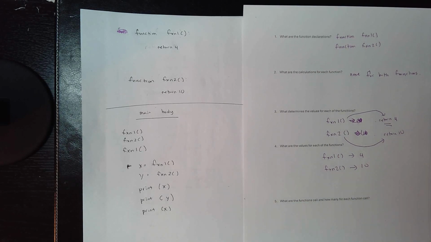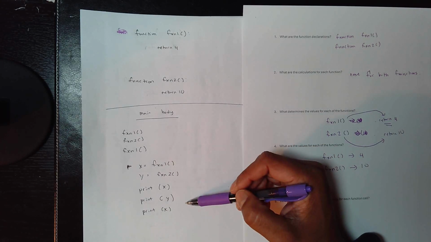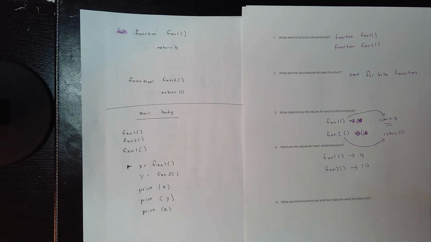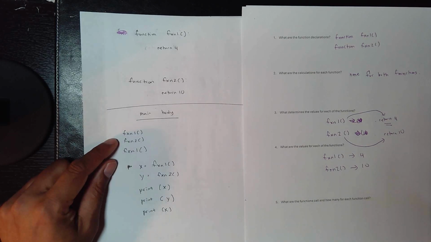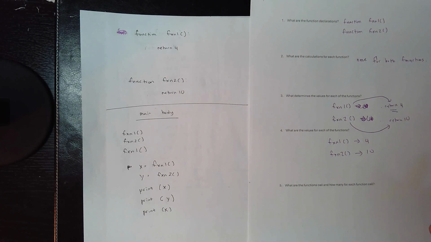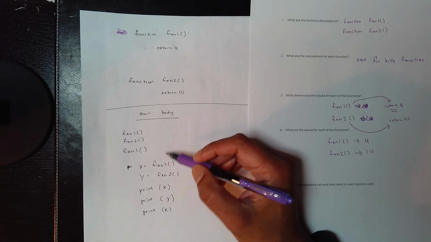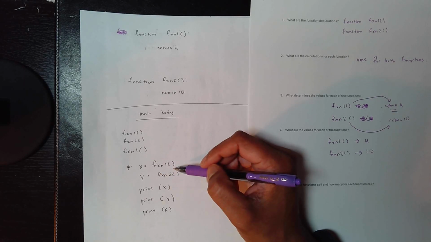All right, now what you're going to have to look at is, what are these things that are operating here? So let's go over step by step. This is called a function call. How many times can I call the functions? So how many function calls are there? 1, 2, 3. Is this a function call? No, it's not a function call.